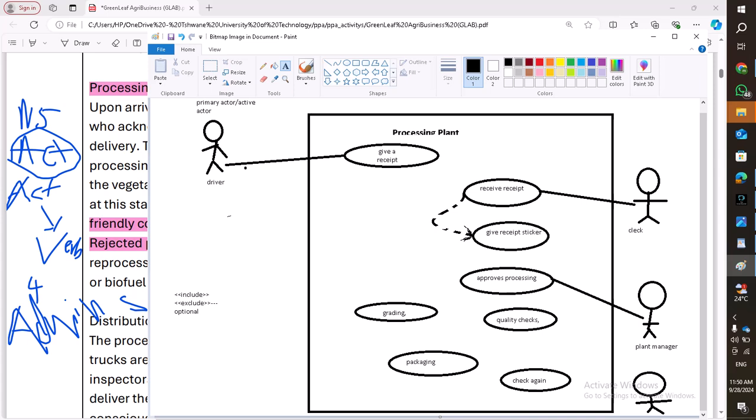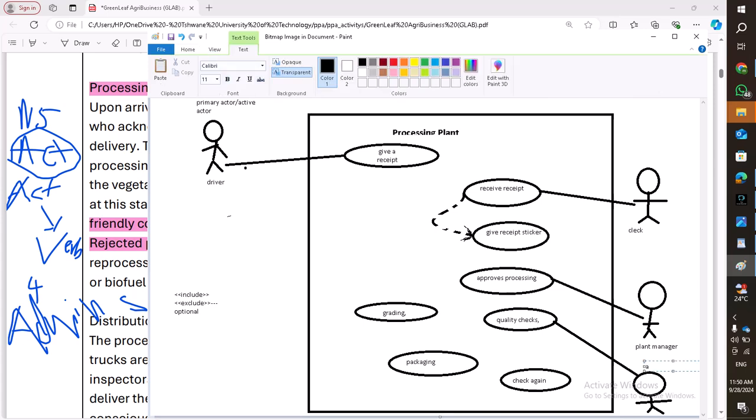So okay, here we will have one thing. We'll have this one, which is the name, okay, the administrator. Administrator system.